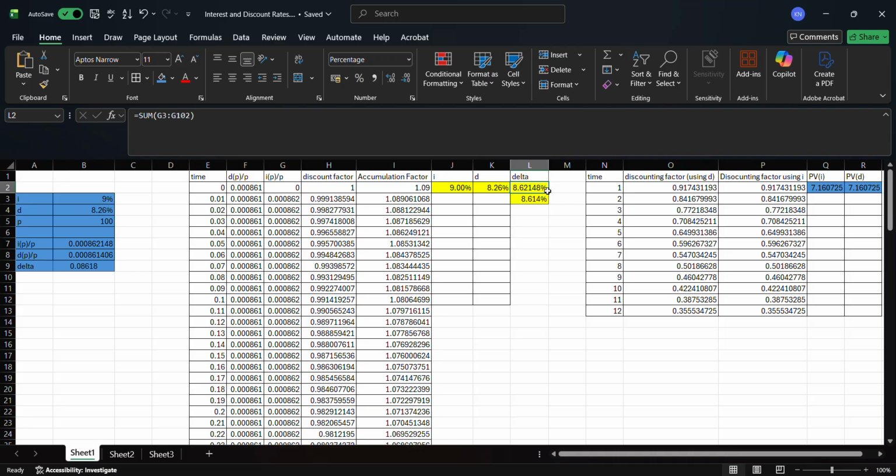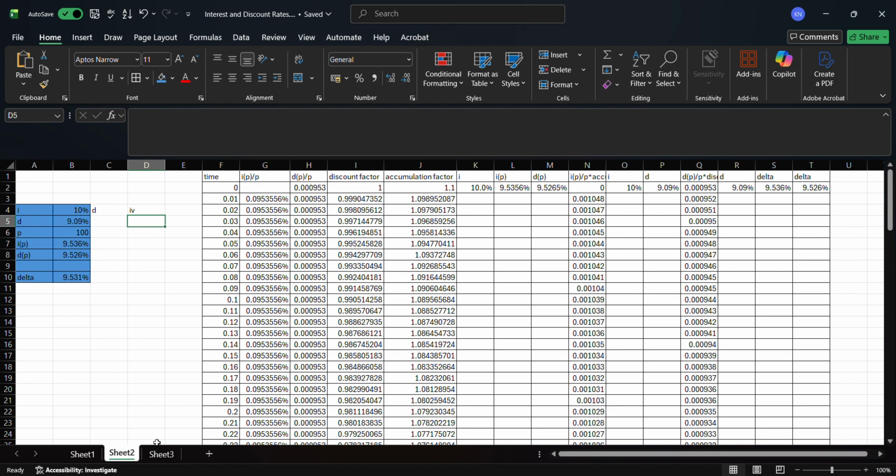The more sub-intervals I have, the closer they get. This one is going down, this one is going up towards 8.618. So as the number of sub-intervals increases, the nominal rates convertible p-thly tend towards delta.